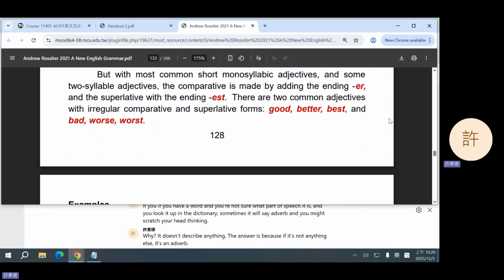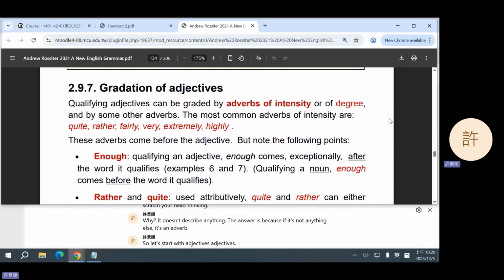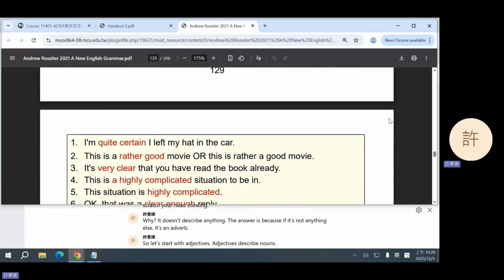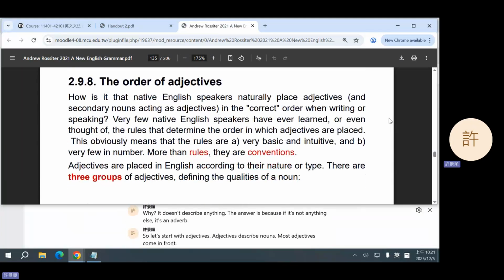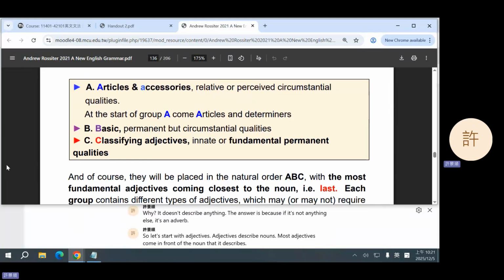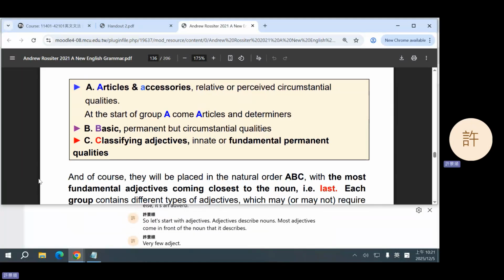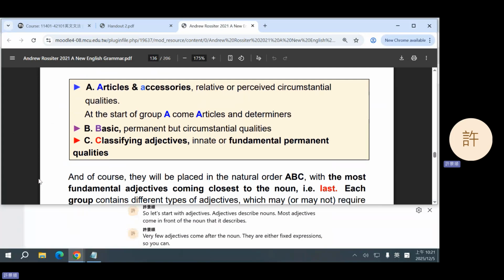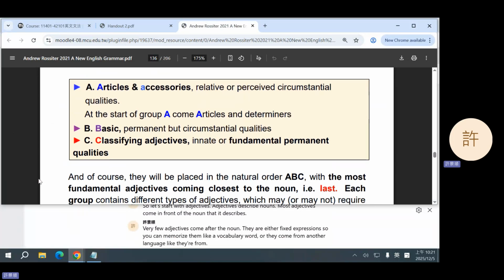So let's start with adjectives. Adjectives describe nouns. Most adjectives come in front of the noun that it describes. Very few adjectives come after the noun. They are either fixed expressions, so you can memorize them like a vocabulary word, or they come from another language, like French or Latin.